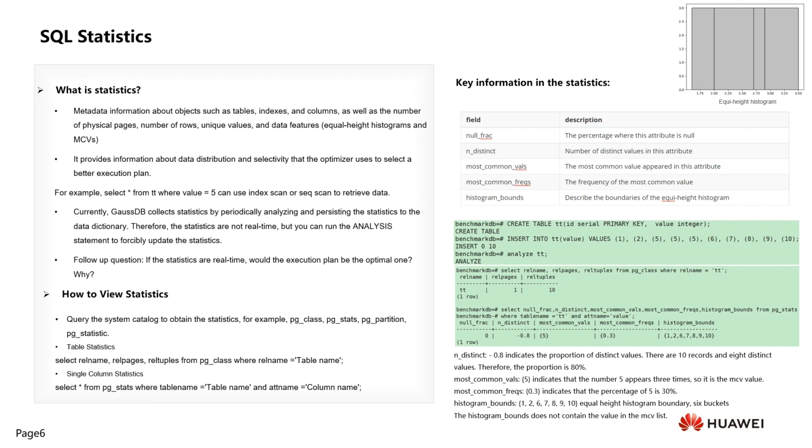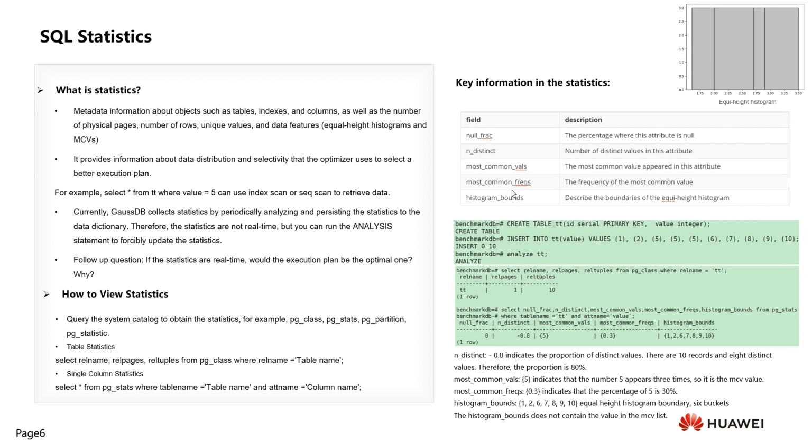We can query PG_CLASS to obtain the table statistics and PG_STATS for column statistics. And on the right half of the screen, there are some key features in the statistics, and they are all attributes from the PG_STATS table.